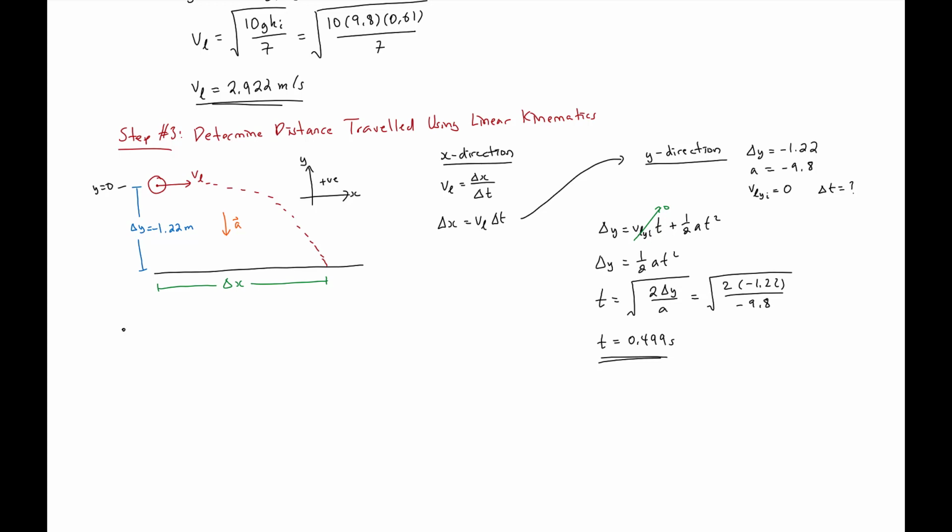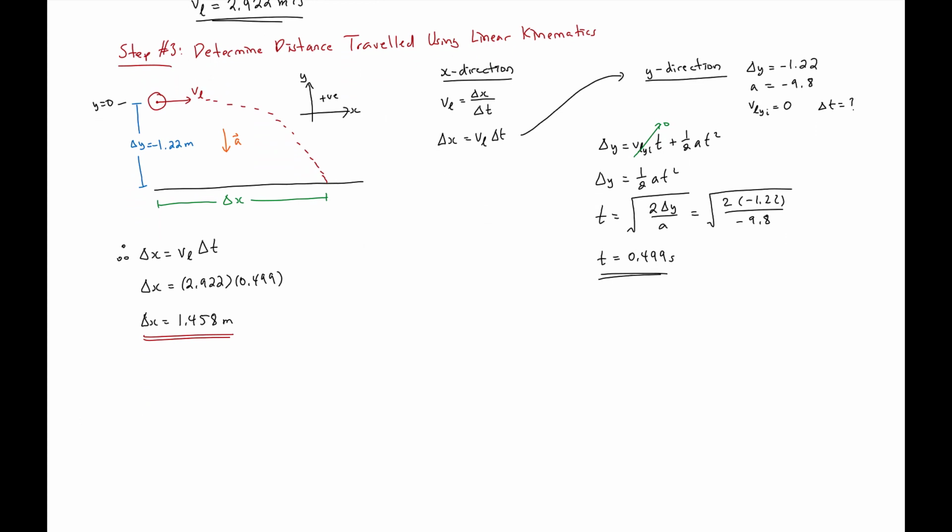Therefore, delta x is equal to VL delta t. Delta x is equal to VL, which we've calculated before to be 2.922 meters per second, times 0.499 seconds. Delta x is equal to 1.458 meters. And that is the horizontal distance traveled by the ball.